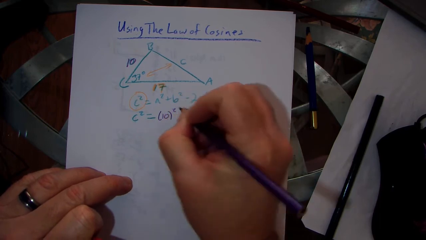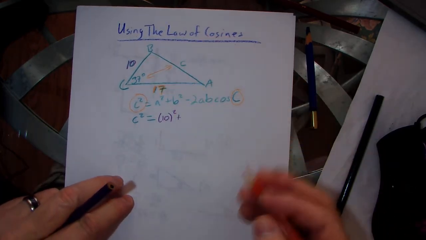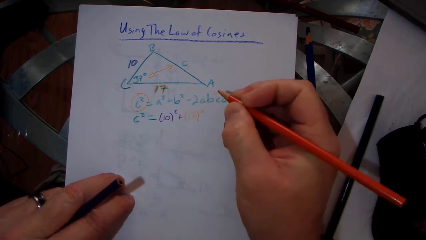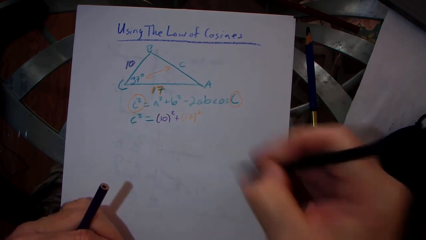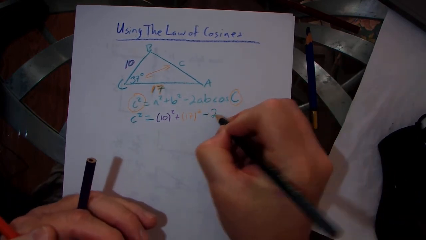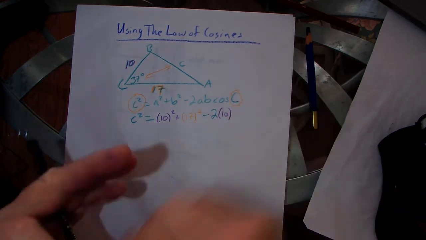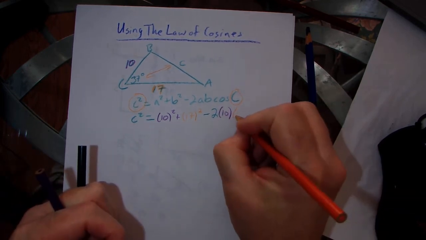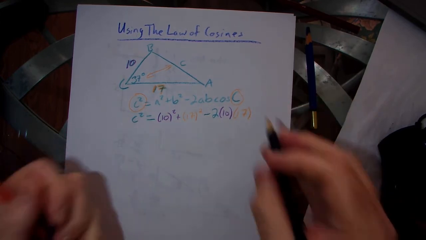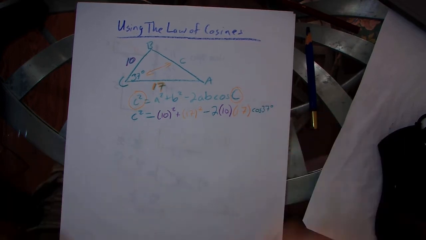So we do 10 squared plus side opposite B is B squared, 17 squared, and then minus 2 times A times B times the cosine of 37 degrees.